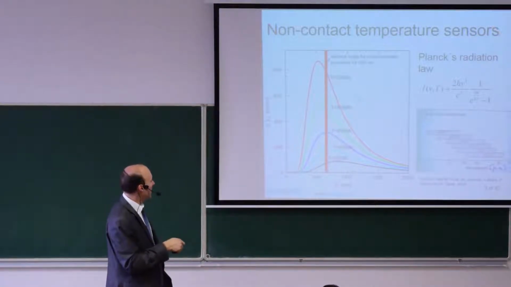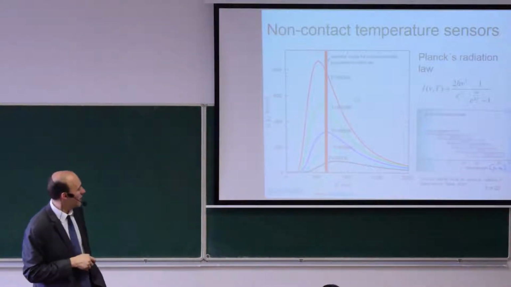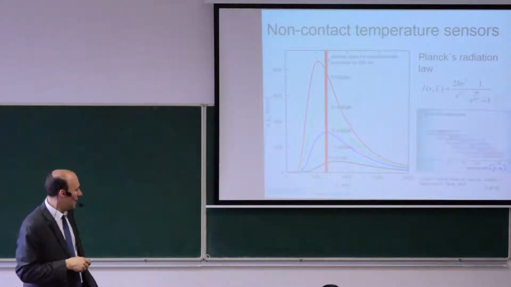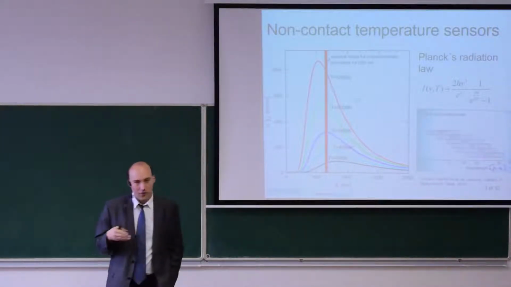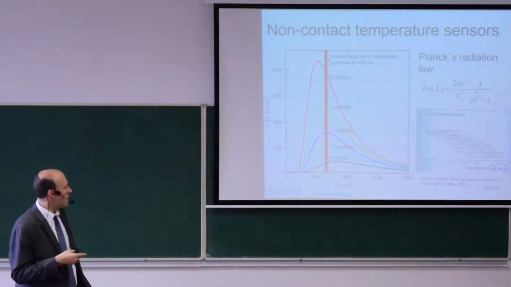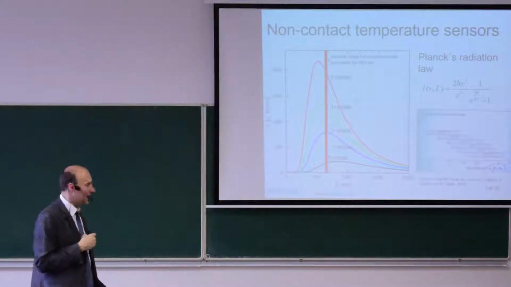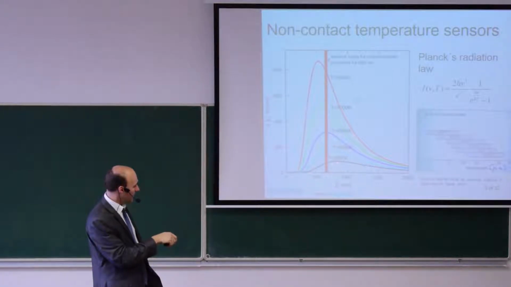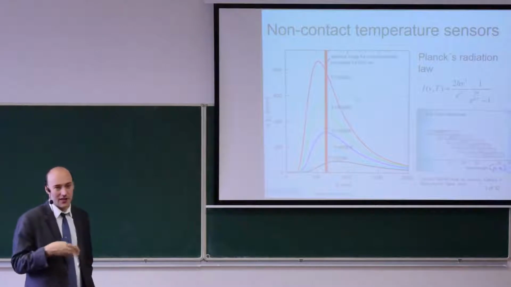So if, for example, you have the object with 5,500 kelvins, which is roughly the temperature of the sun, then the peak wavelength is somewhere around here, around 500 nanometers. If the object is getting colder, then the amount of energy is getting significantly smaller, and also the peak of the wavelength is shifting to higher wavelengths. So here is red color roughly, and if the object is cold enough, we don't see it with our eyes.